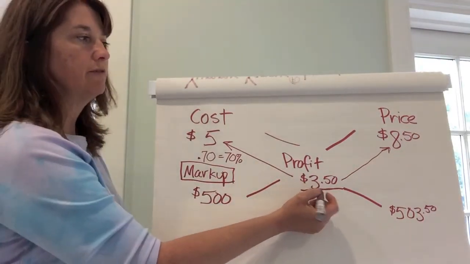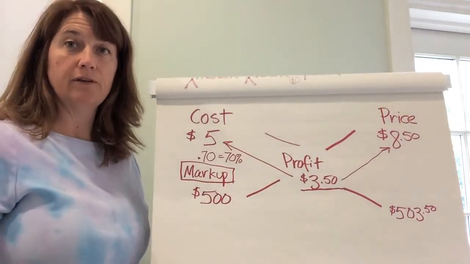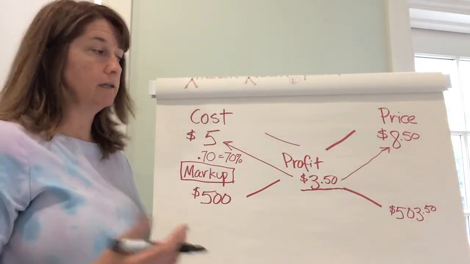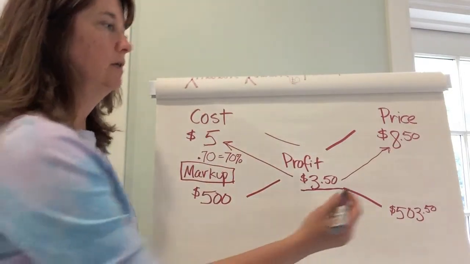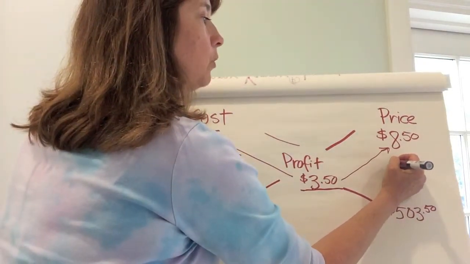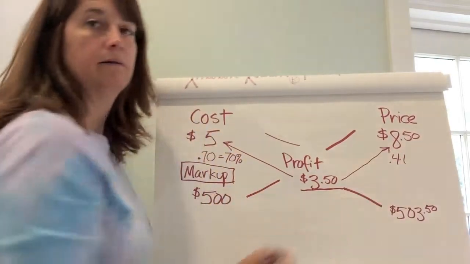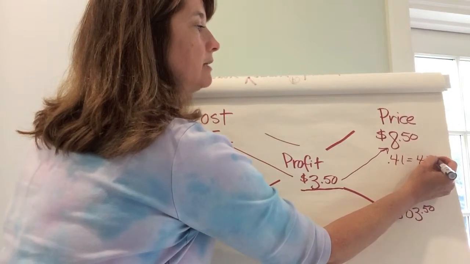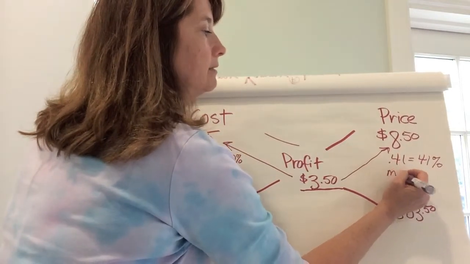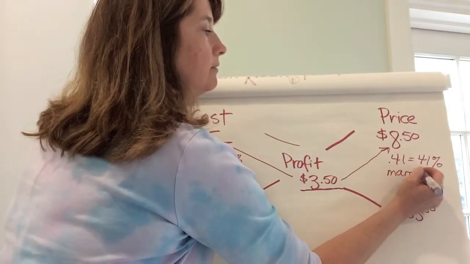When you express $3.50 as a percentage of $8.50, this is easy to do on a calculator, 3.5 divided by 8.5, you get 0.41, which is the same as 41%. That is your margin.